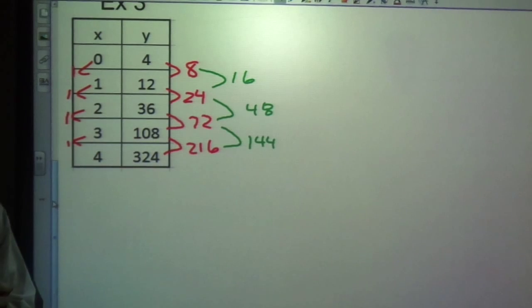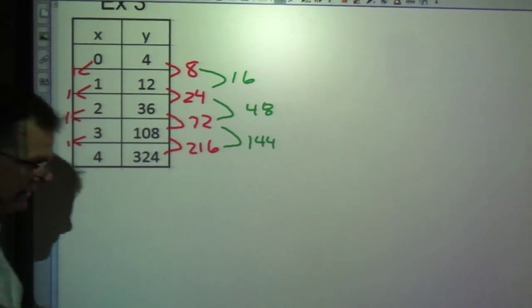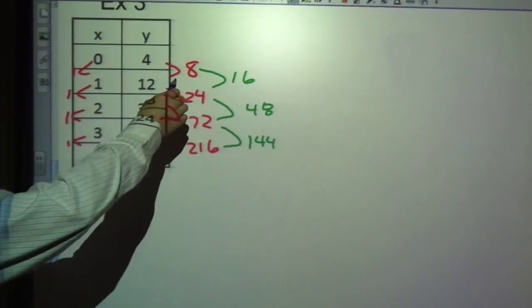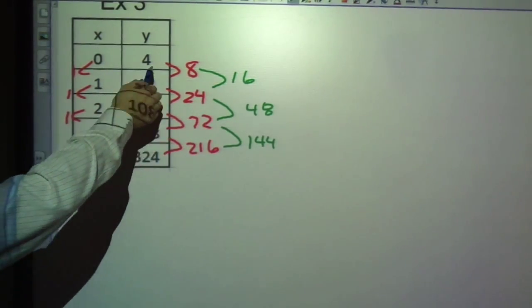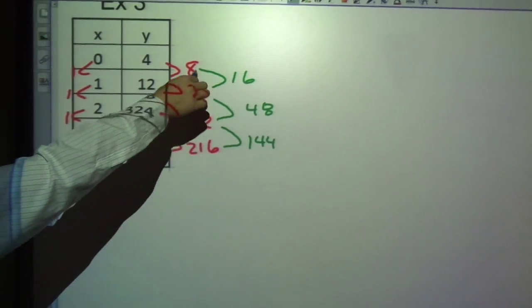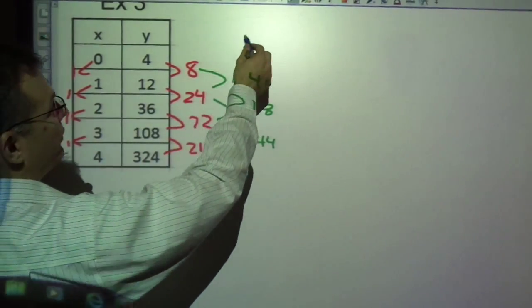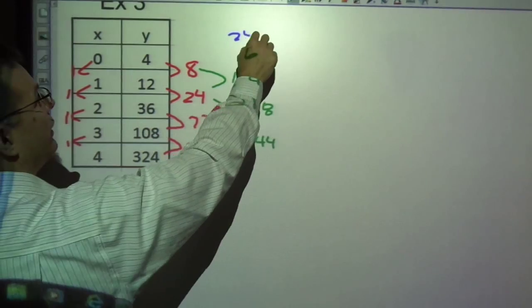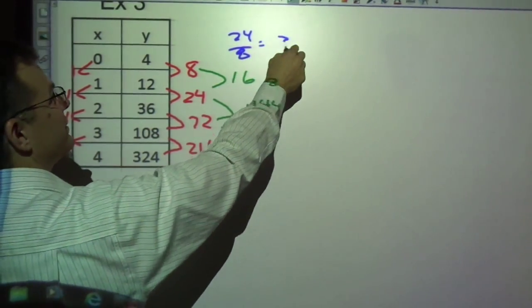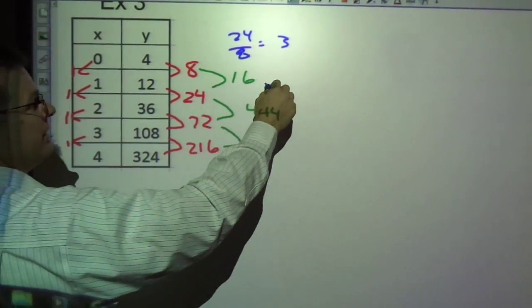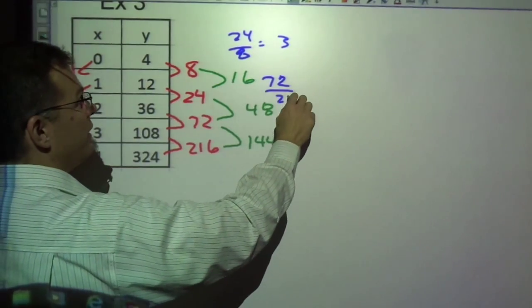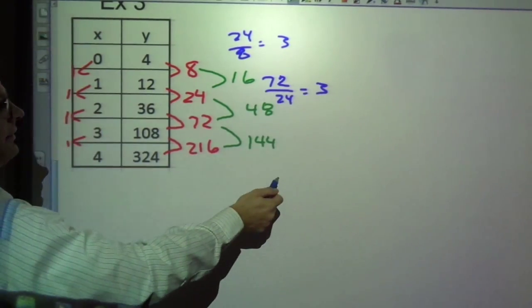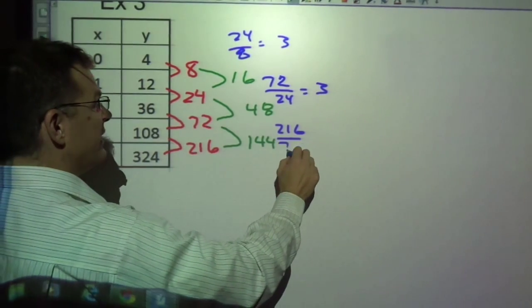The thing to look for then is, what about ratios? What if I divide them? If I take, in this one, 24 divided by 8, that's 3. How about this one? 72 divided by 24. Hey, that's 3. 216 divided by 72.